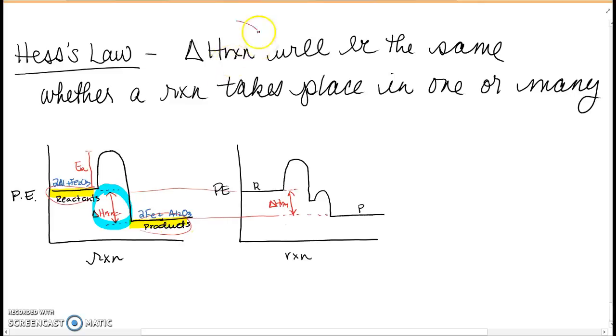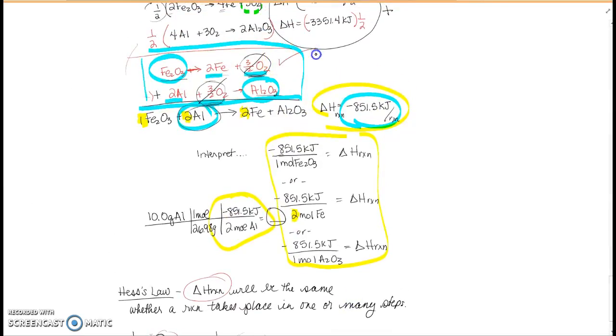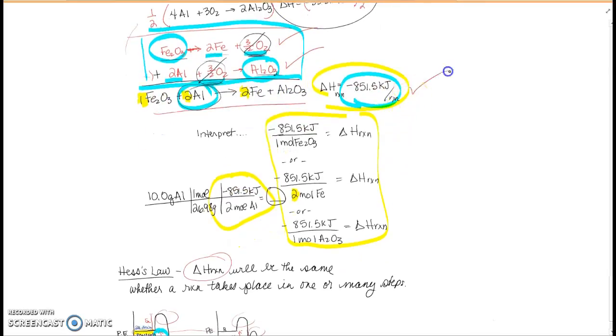And so that's why it says delta H. It doesn't care if it takes place in 2 steps or in 1 step, you're still going to get the same heat of reaction. So ultimately, if you know the heat of reaction for this and the heat of reaction for this, if they add together to give you what you want, that heat of reaction will be the exact same as if I did it in 1 step, for example, maybe in a lab.